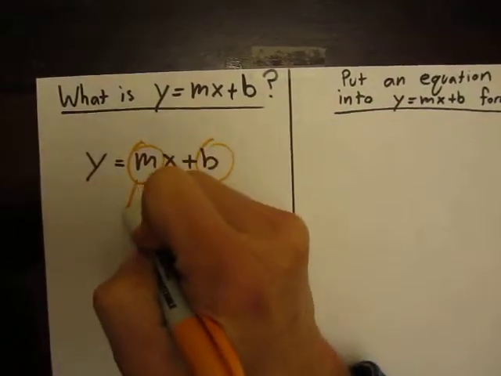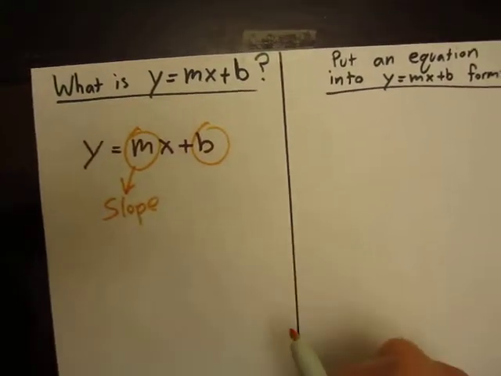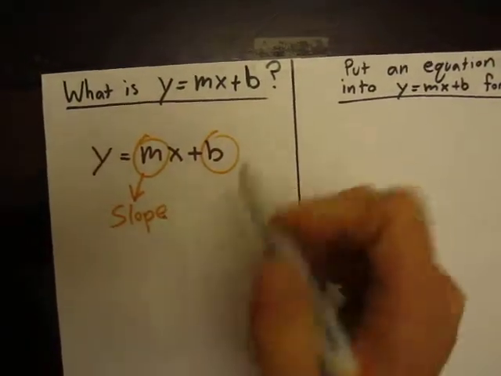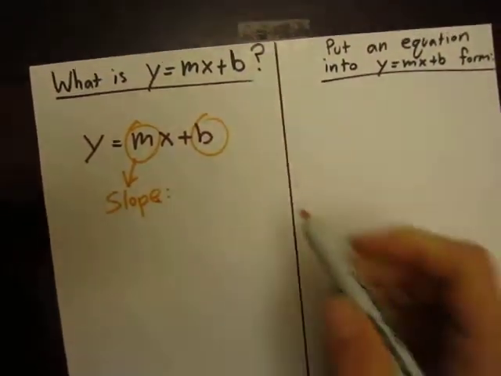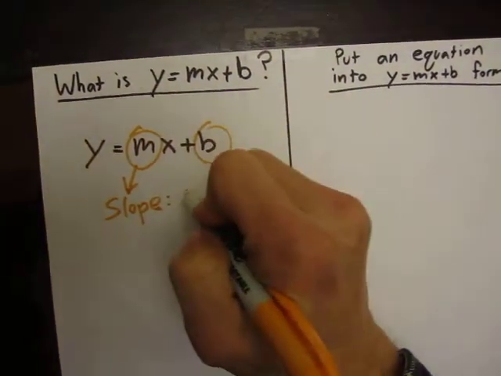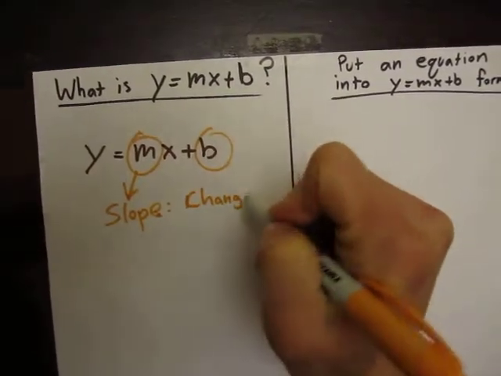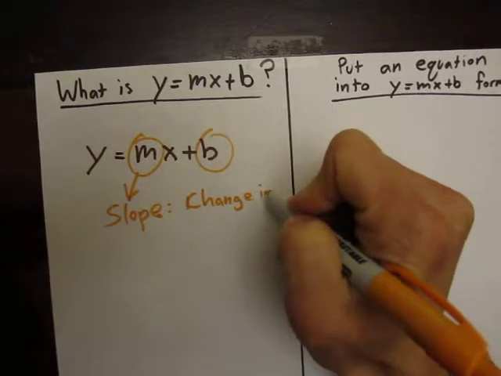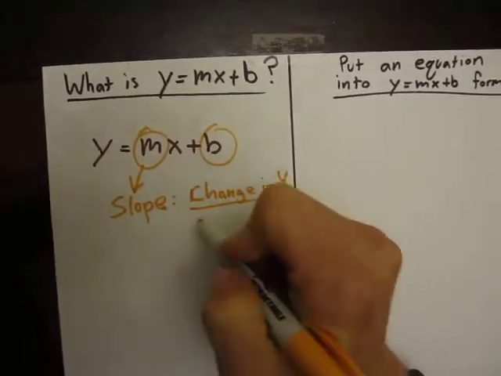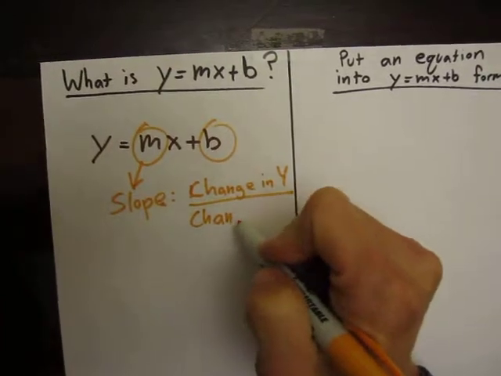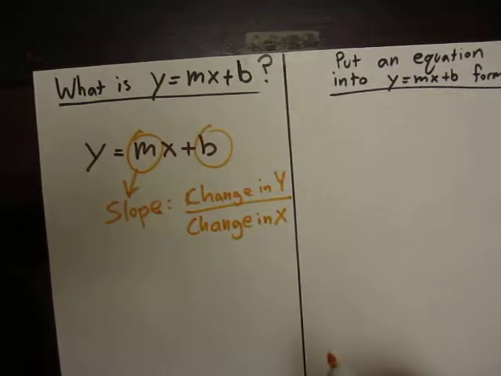So m, to remind you, is always the slope of the line, which, if you don't remember what that is, the slope is the change in y divided by the change in x.